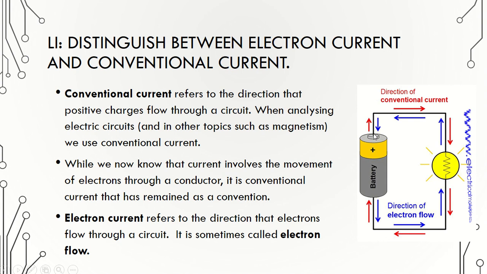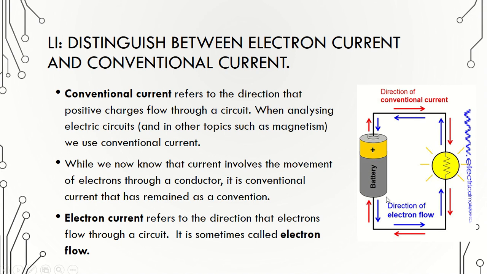So they thought that the particles flowed in the direction of these red arrows, from the positive end of a battery to the negative, because they thought they were positive. So this is the convention that they came up with, that current was from positive terminal to negative terminal. Okay, and for some strange reason they've never actually made the swap.